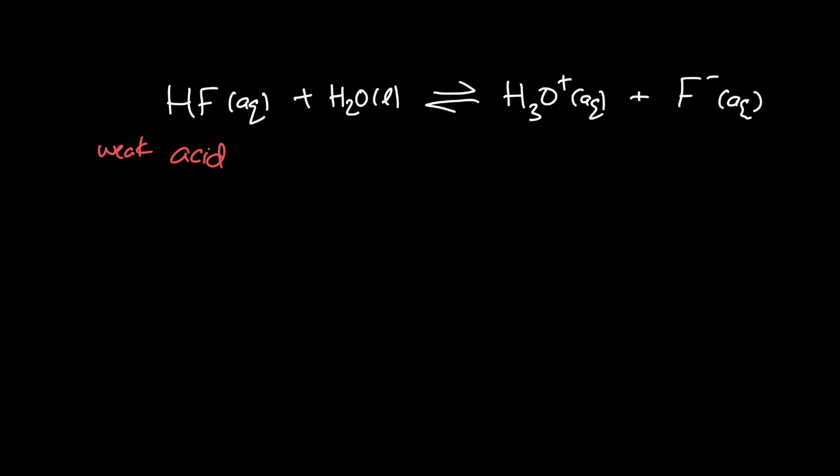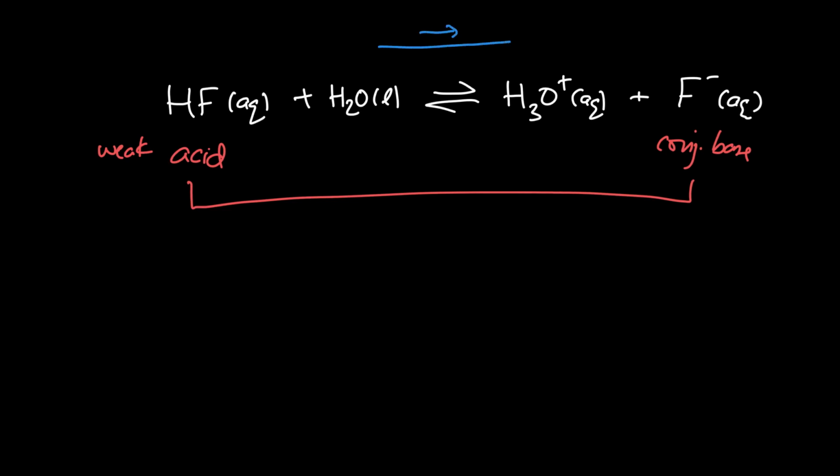Then the F minus on the other side must be the conjugate base, and we can see this constitutes one of those acid-base pairs. Now, one of the surprising things, I think, is that given that HF is a weak acid, the reaction is not proceeding very much forwards, but it's very favorable backwards. What that means is that weak acids actually have fairly strong conjugate bases. So although HF is not a very good acid, F minus is quite a strong base.